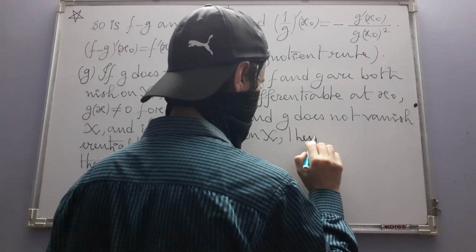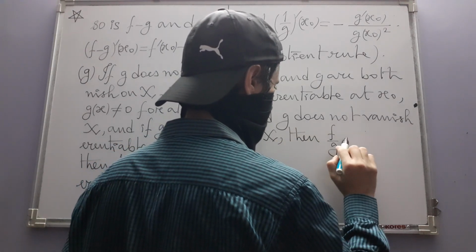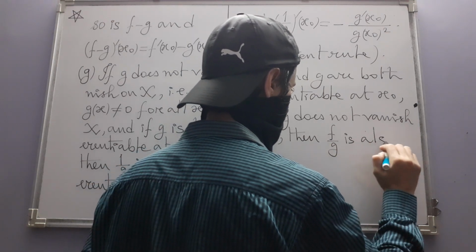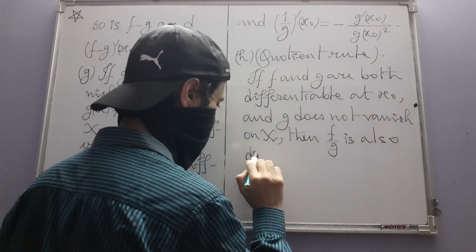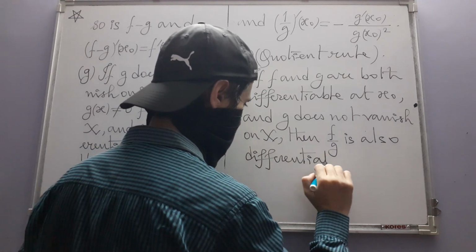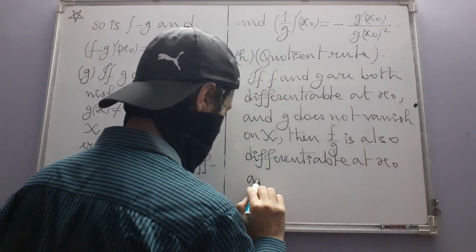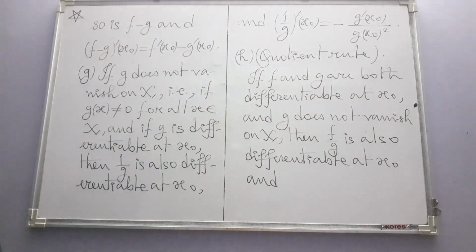Then the function f over g is also differentiable at x naught, and I will write the formula on that side.